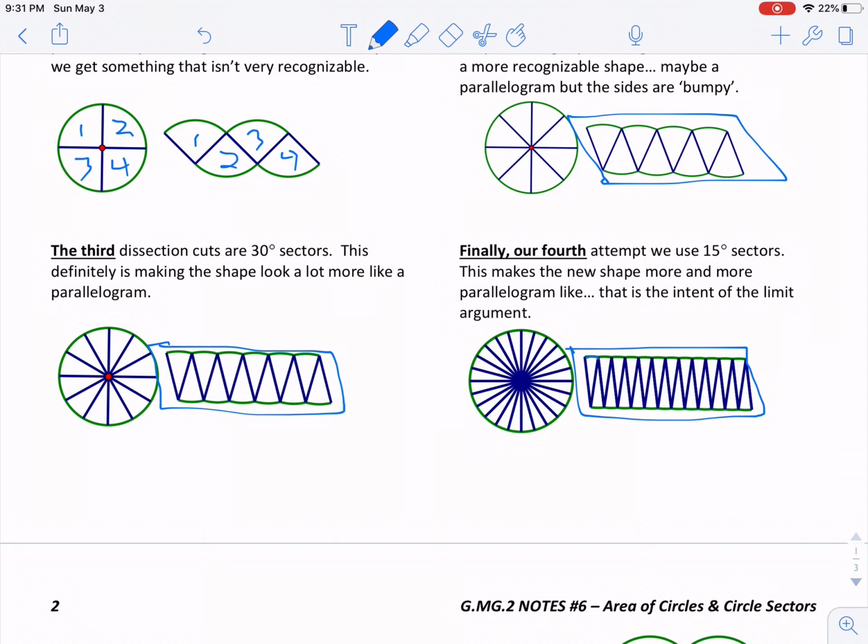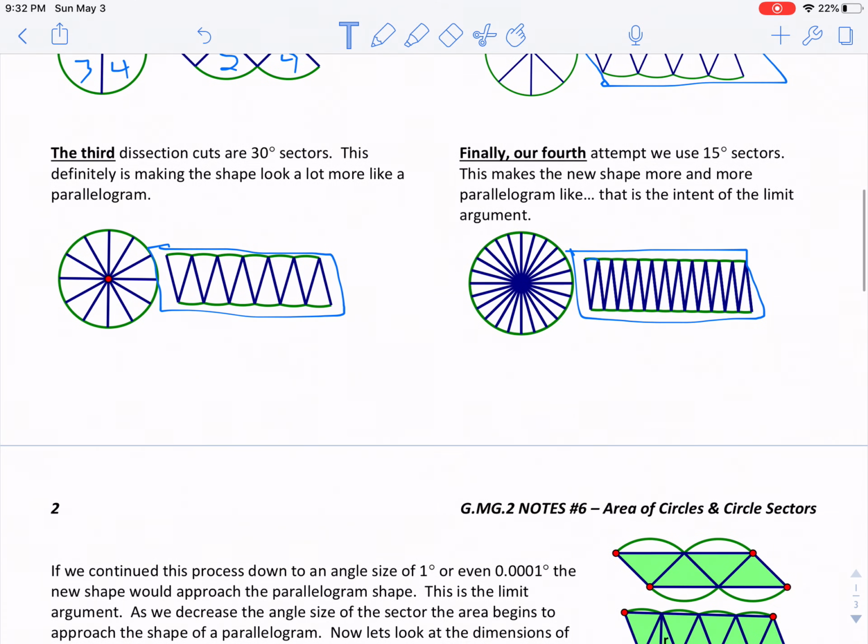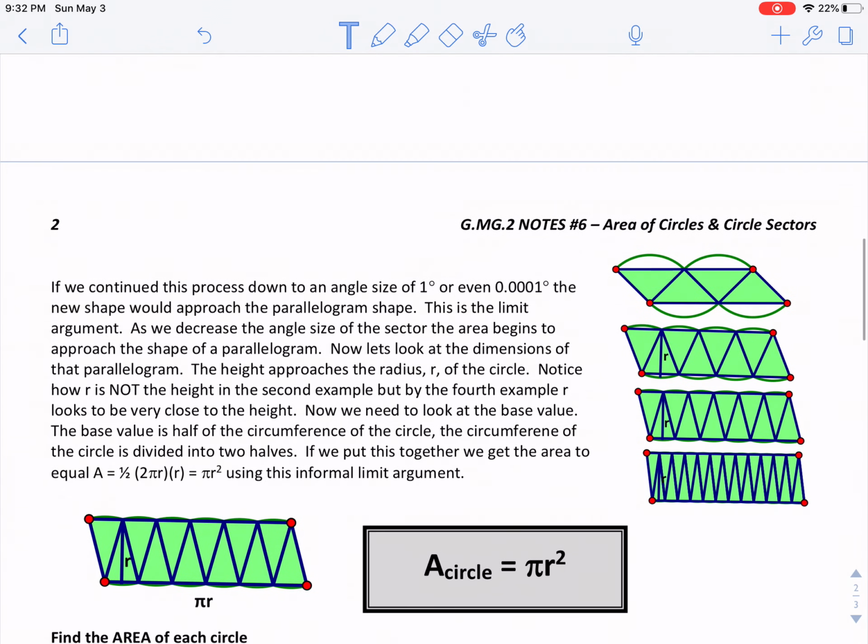But how we get this is we call it a limit. If you get to pre-calc and calculus, I'll talk about limits a lot more there. But as we get smaller and smaller, or we get an infinite number of sectors or cuts of our circle, we get closer and closer to a straight line.